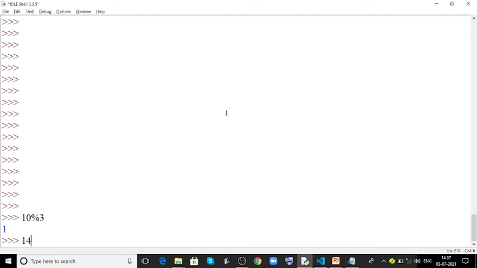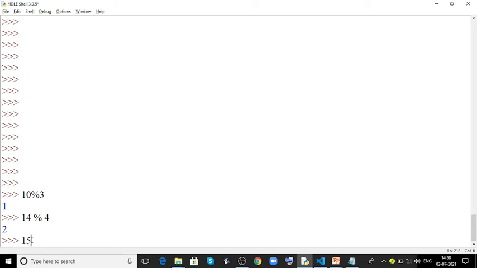Now if I divide 14 modulus 4, in this case, let's practice: if I divide 14 by 4, what is the remainder I will get? 2 is the remainder. This operator will give the remainder.